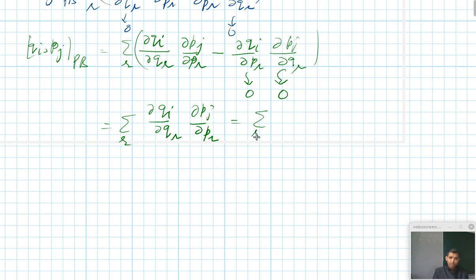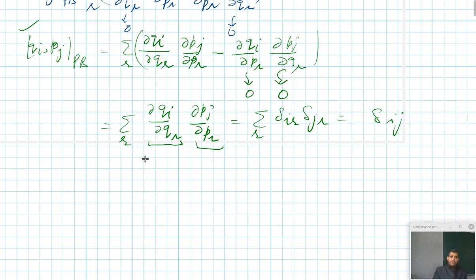So it is the summation over r of delta_ir and delta_jr, and this can be simply written as delta_ij. So hence we have proved that this is equal to this one.